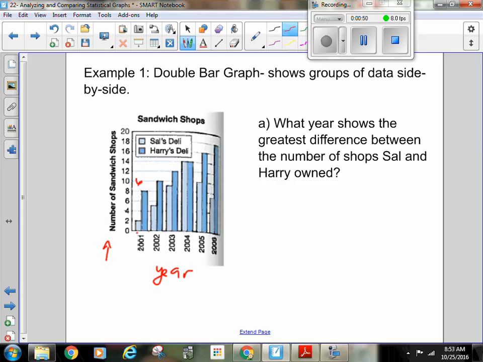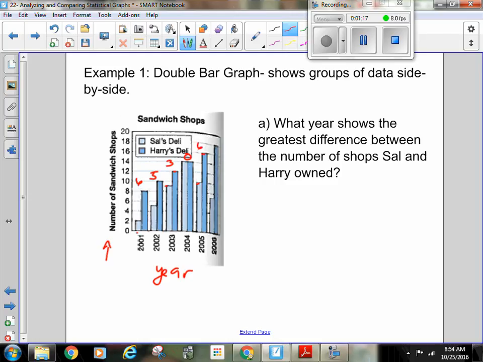In 2002, Sal has 5 and Harry has 10, so there's a difference of 5. In 2003, we see a 9 and 12, so there's a difference of 3. 2004, they have the same, so they have a 0 difference. 2005, we see Sal has 10 and Harry has 16, so they have a difference of 6.